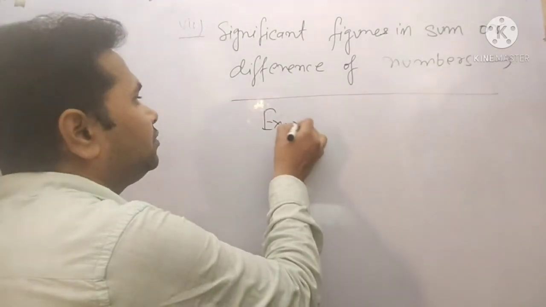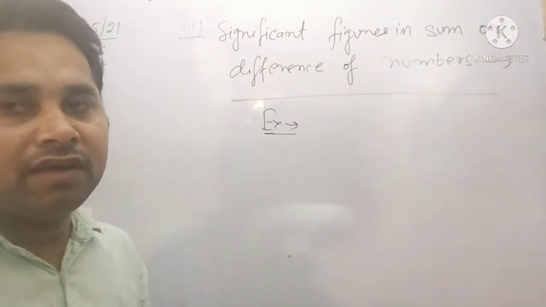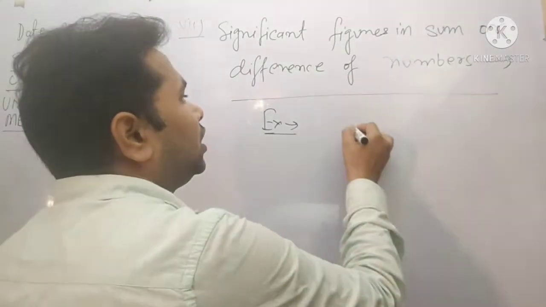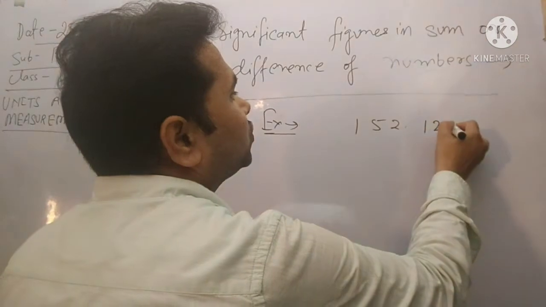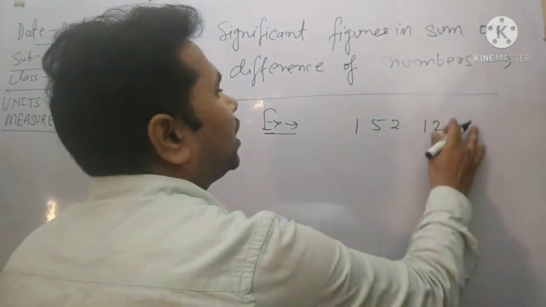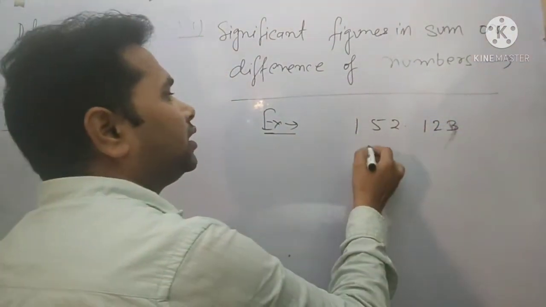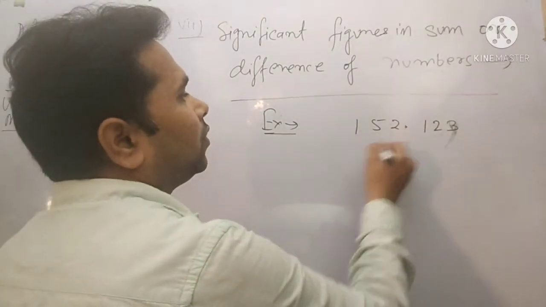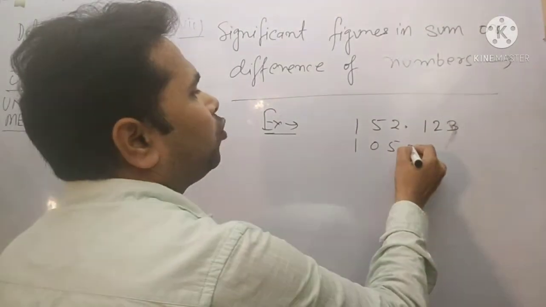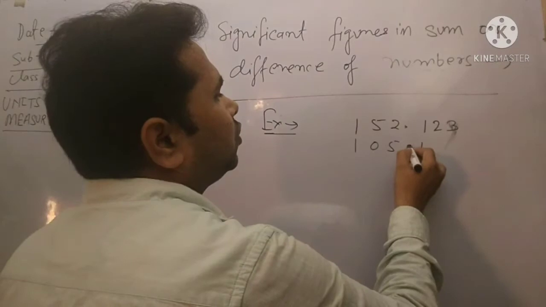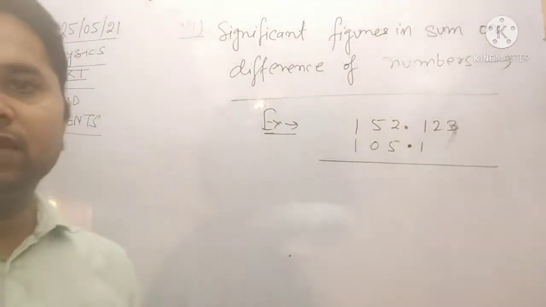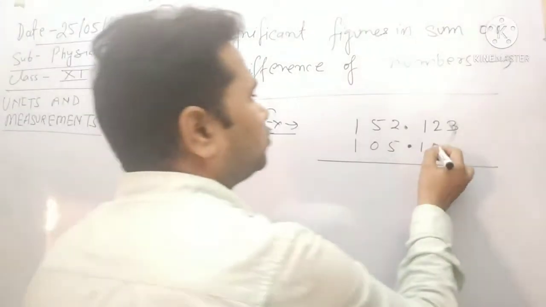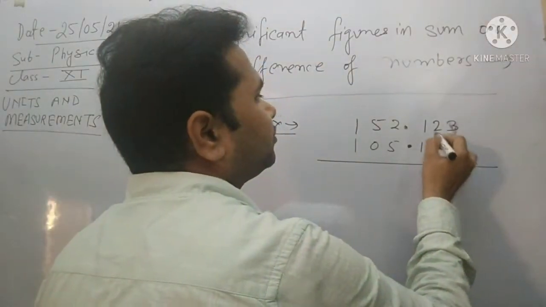See the example. Suppose we are given two numbers: 152.123 and the second one is 105.1 only. Or you can write one more, suppose 15.